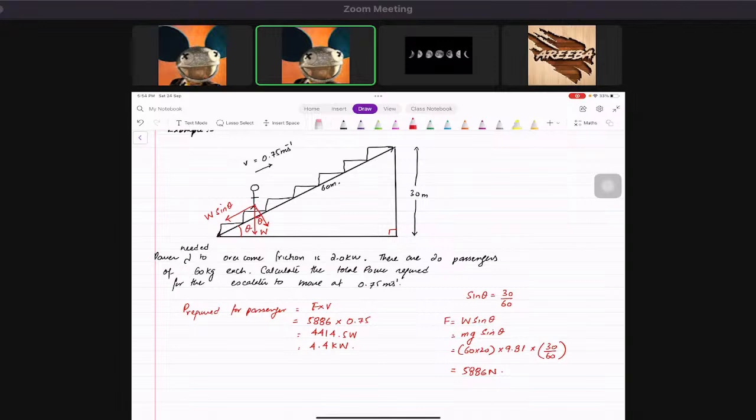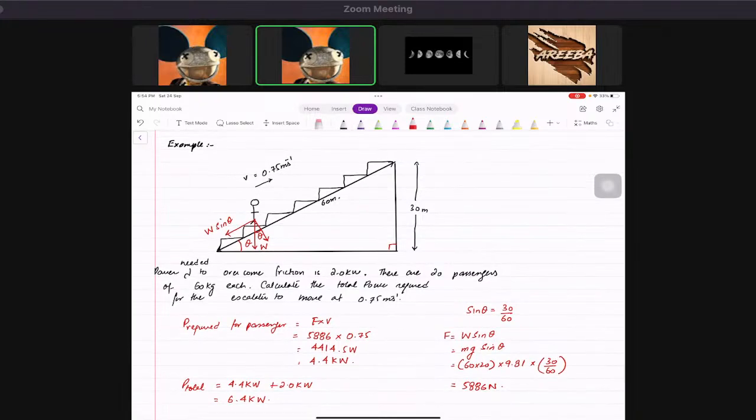But they said what is the total power required, and the power that is needed to overcome friction is 2. So the total power would be the power to carry passengers plus the power to overcome friction. That would be 6.4 kilowatt. Is it clear? Yes, sir.